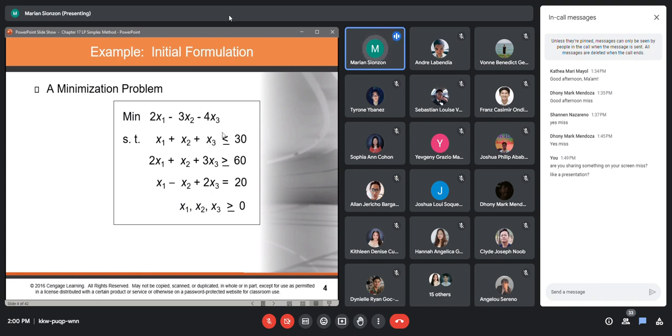By adding a slack variable, and the slack variable there would have a value of 2, so that 28 plus 2 is equal to 30. So to make it equal by manipulating only the left side, we add an s sub 1 representing a slack variable.